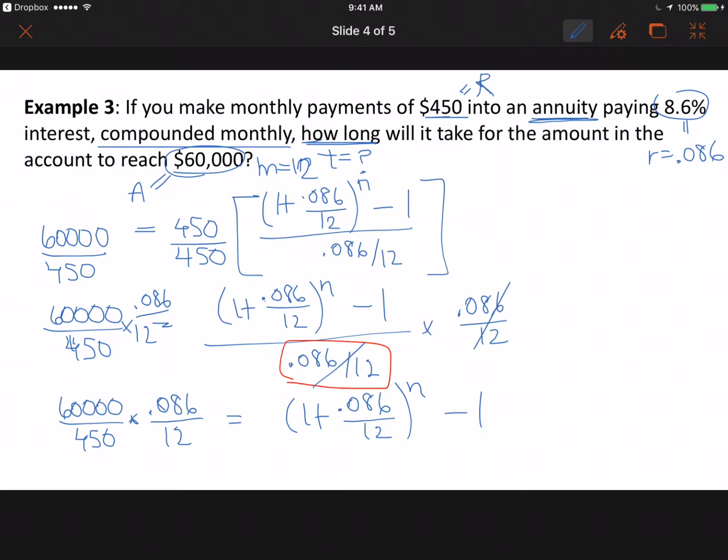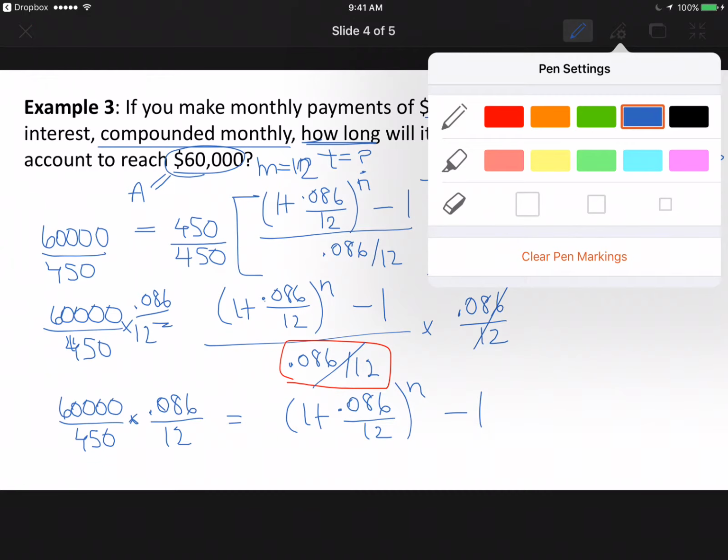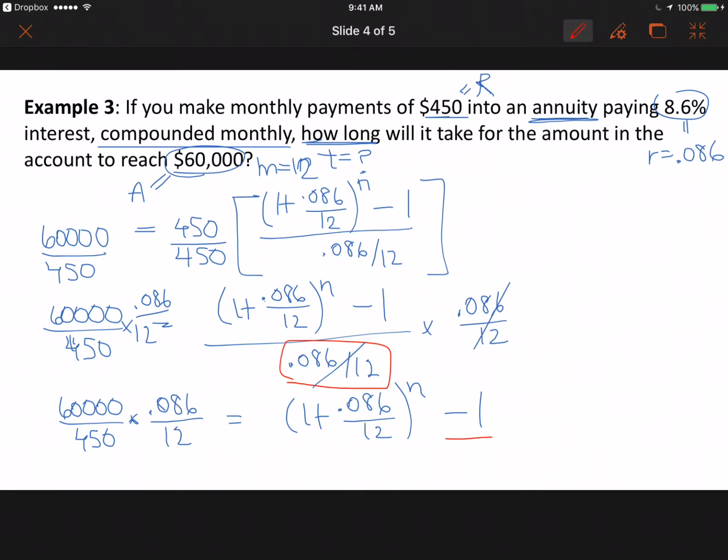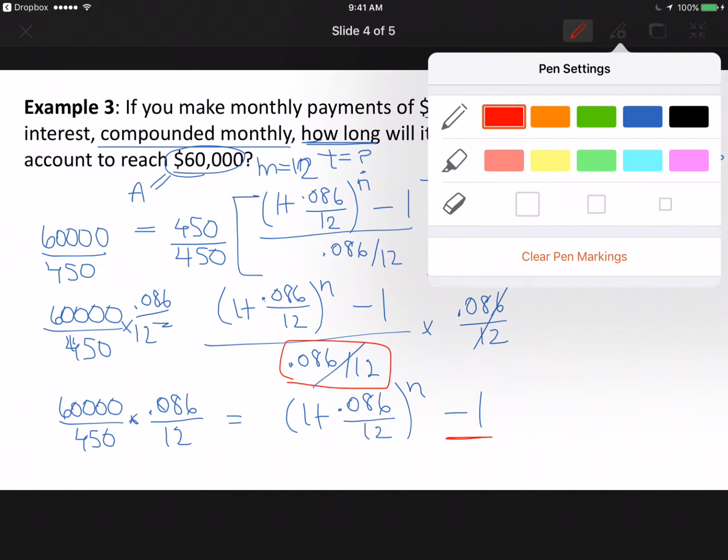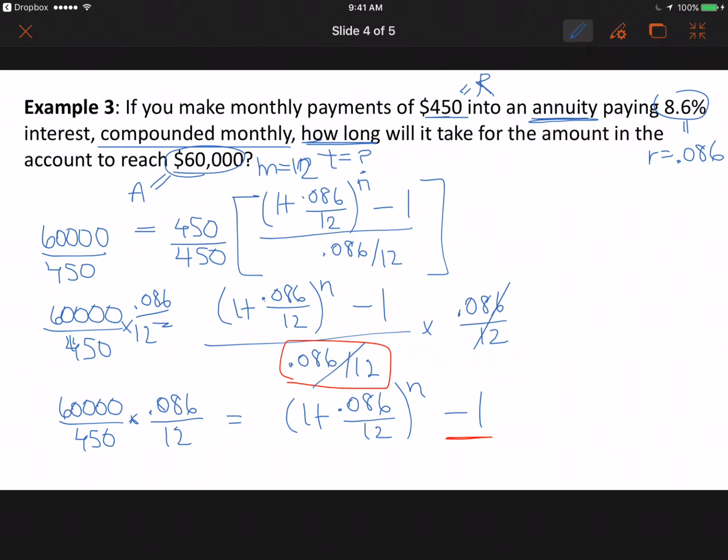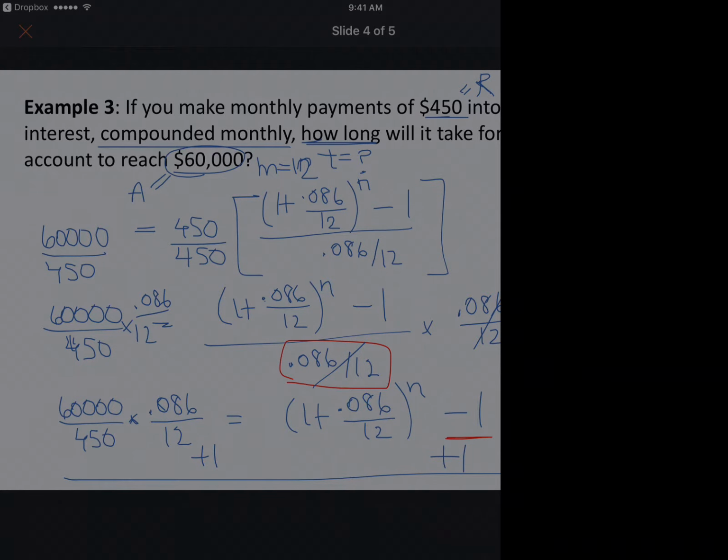All right, what's the next thing in the way? This 1. And so how do I undo subtraction? I need to add. Okay, so let's add 1 on both sides. I'm going to turn the page. Oops.